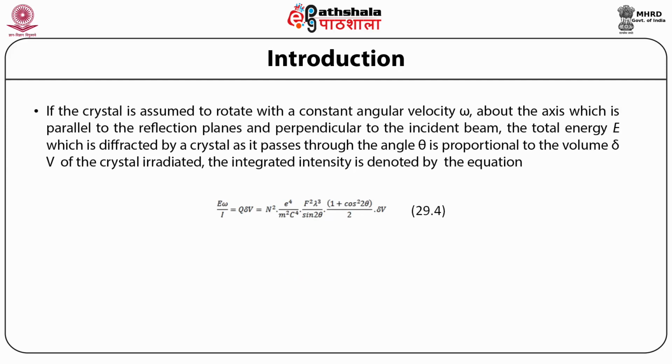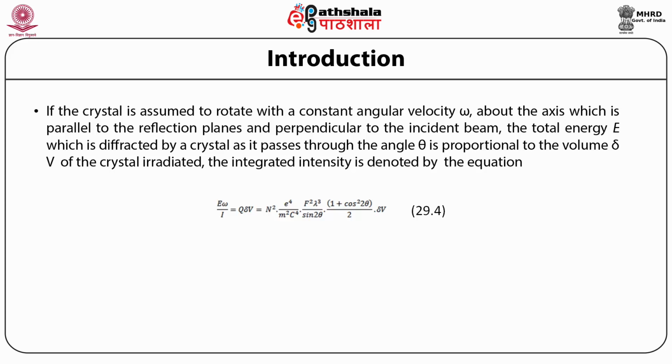If the crystal is assumed to rotate with a constant angular velocity omega about the axis which is parallel to the reflection planes and perpendicular to the incident beam, then the total energy capital E, which is diffracted by a crystal as it passes through the angle theta, is proportional to the volume delta V of the crystal irradiated.